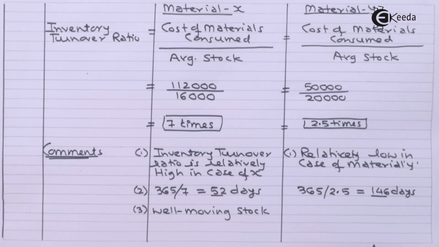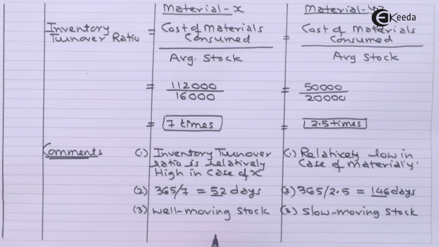We can say that material X is well moving stock, whereas material Y is slow moving stock.